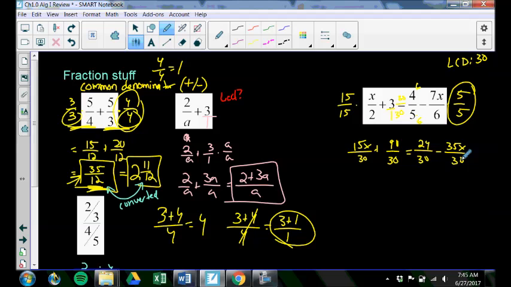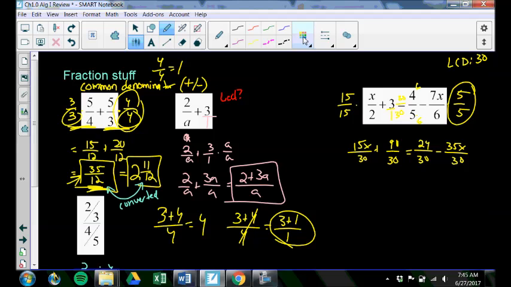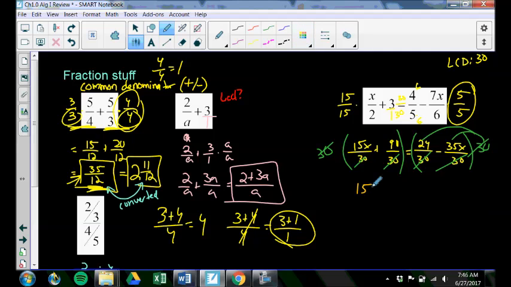Everything now has a common denominator, which means I can drop the denominators. I can literally just get rid of them. What I'm going to do to make that happen is multiply both sides by 30. And when you multiply by 30, you have to distribute, and these 30s all cancel. And hallelujah, we've made a new problem with just whole numbers, with a slightly different yellow color.